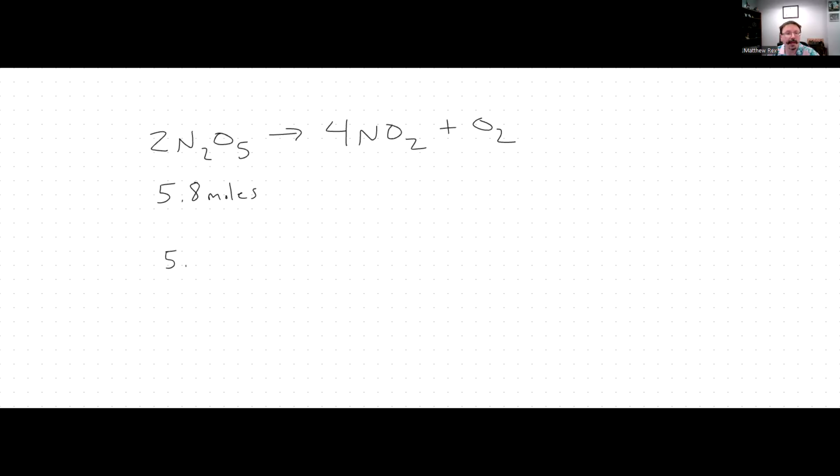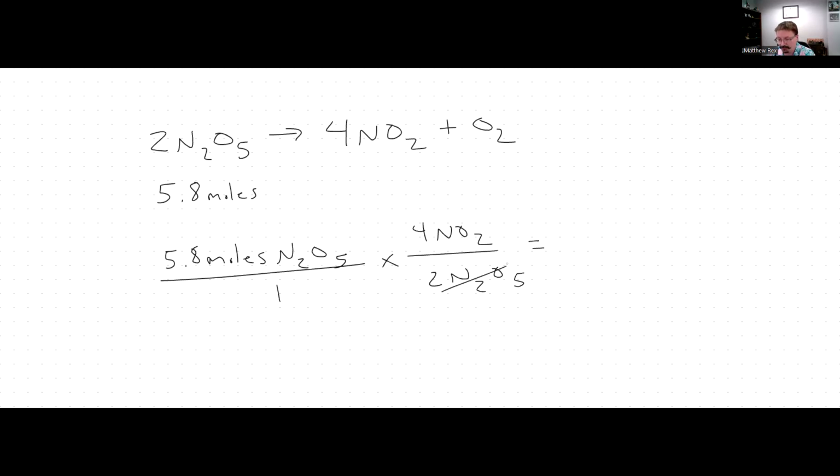I'm going to use the reaction stoichiometry, or the ratio, in this case of one of the reactants to one of the products. And that's going to tell me how many moles of that product we'll make. We have a 4:2 or 2:1 ratio, so we'll have double the amount of that reactant.